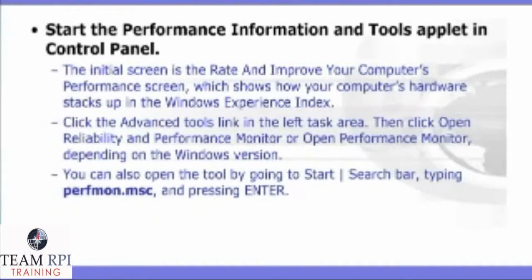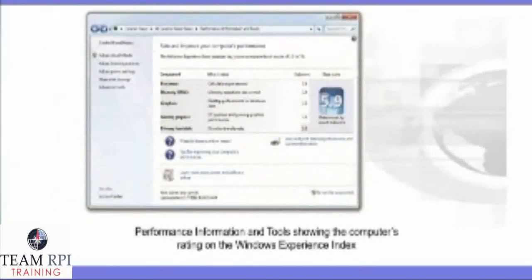You can start the performance information and tools applet from the control panel, or by going to Start and typing in the search bar perfmon.msc and pressing Enter. Here's a look at my performance information and tools.